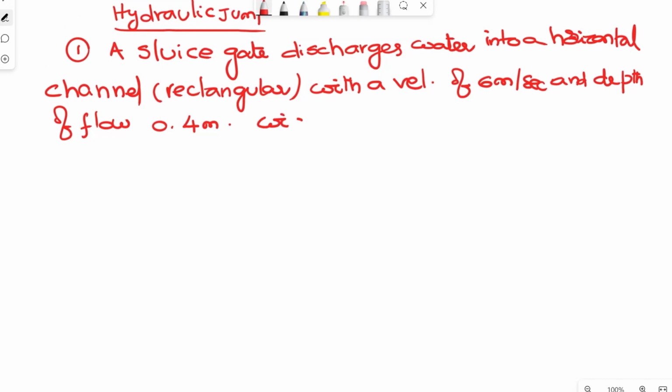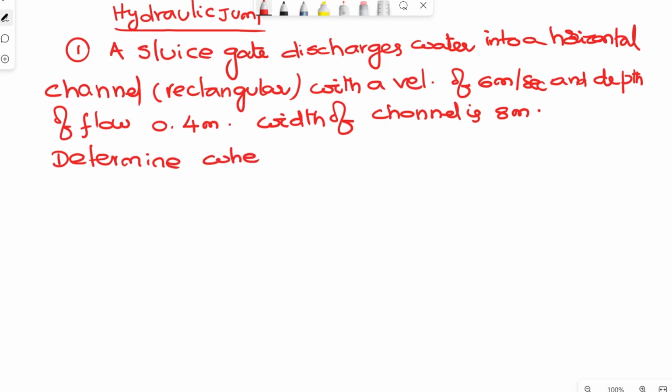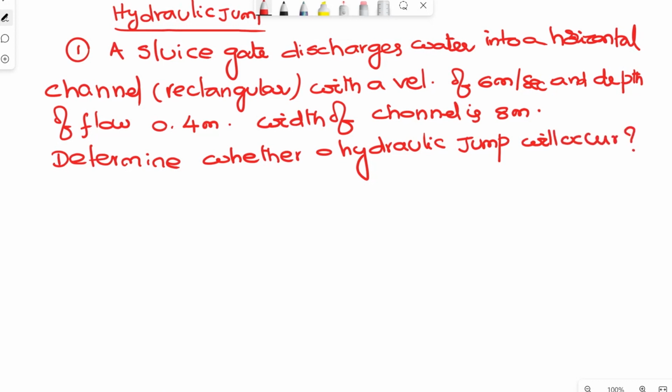Width of channel is 8 meters. Determine whether a hydraulic jump will occur. First is whether it will occur.